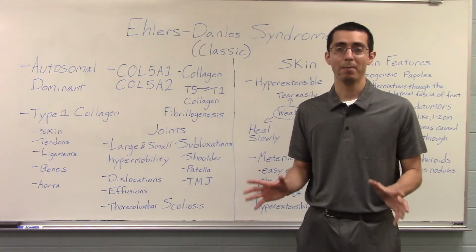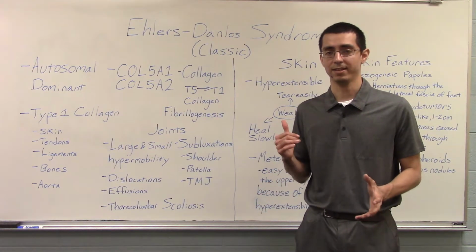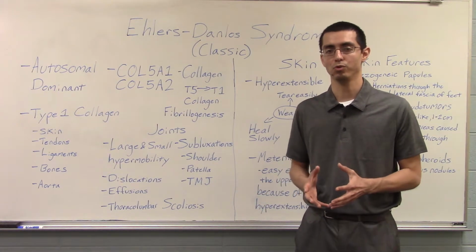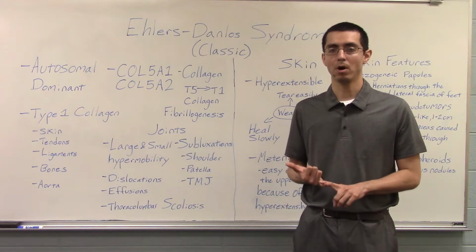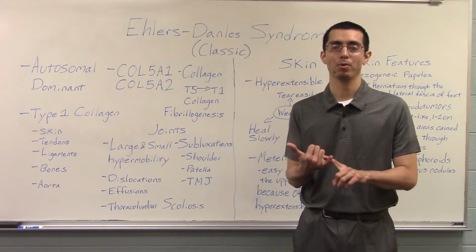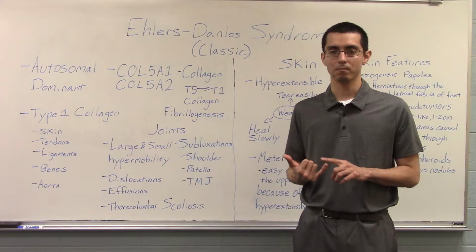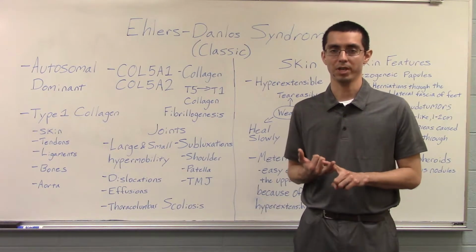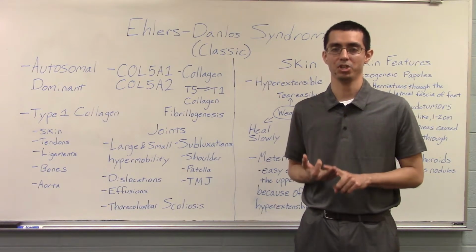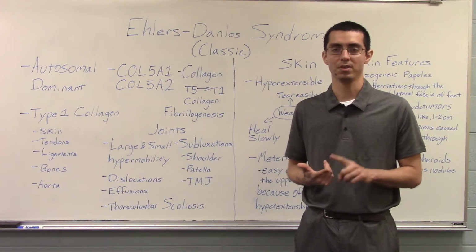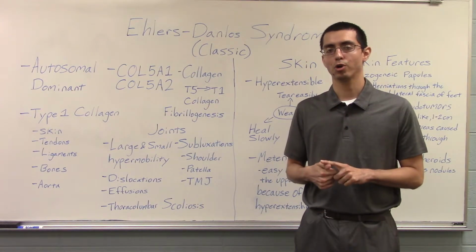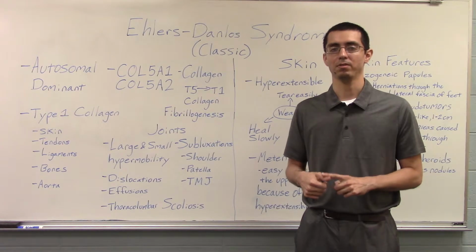Various things can happen to the joints in classic EDS, and these include large and small joint hypermobility, joint dislocations, joint subluxations, joint effusions, and thoracolumbar scoliosis.